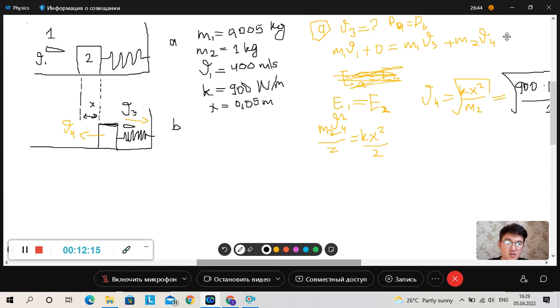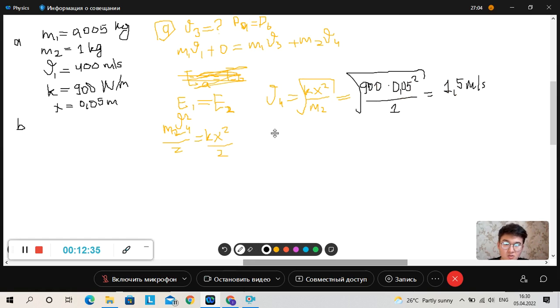And we just need to write the momentum and find v3, the velocity of the bullet after collision. m1 is equal to 0.005 kilogram, multiplied by 400 plus 0, is equal to 0.005 v3 plus 1 kilogram times 1.5 meters per second.